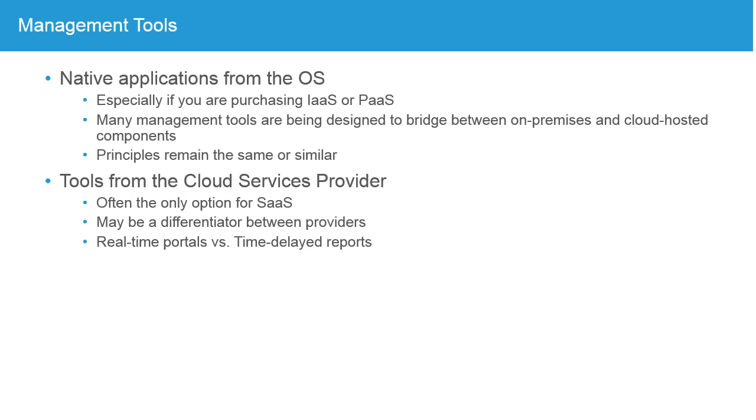The availability of tools to provide you with information about how your services are executing might well be a differentiator between providers, something to evaluate when you're discussing entering into a new arrangement with a new provider. Most providers offer one or both of two types of monitoring. One is some kind of real-time portal where you can go to a web page or perhaps install an application and it will show you in fairly real time exactly what's happening.